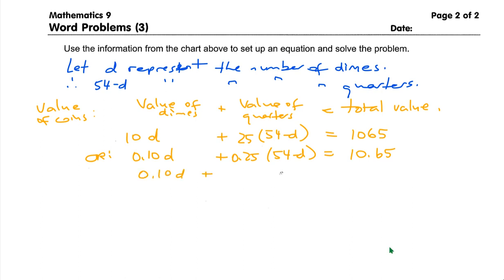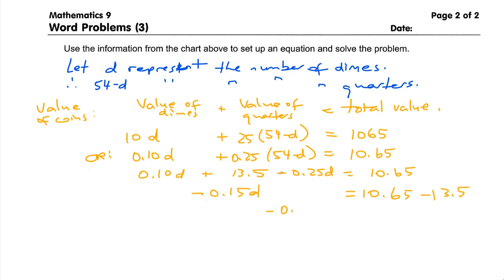Plus, now 54 times 0.25, I'll use my calculator. 54 times 0.25 is 13.5. So this is 13.5 minus 0.25D equals 10.65. Okay, collecting like terms, I have 0.10D minus 0.25D, that's negative 0.15D, equals 10.65 minus 13.5.